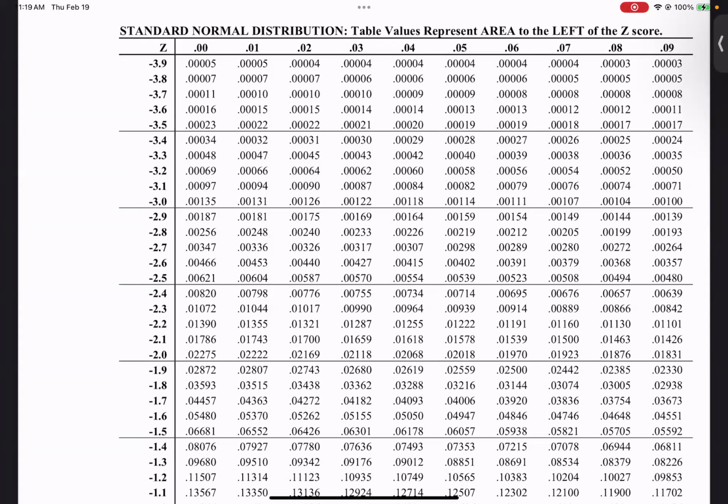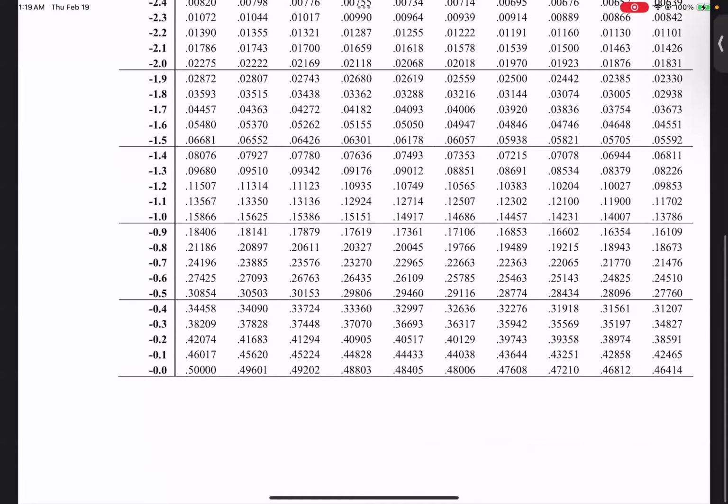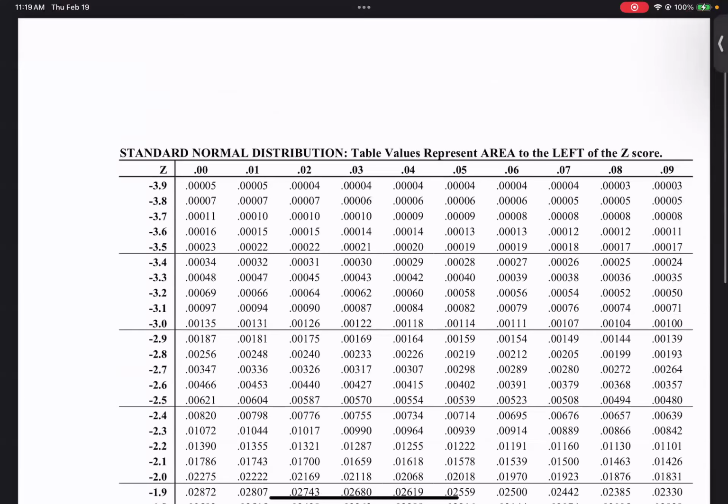We know we want the area from the 0 point up to 0.33. So that means we go from the bottom, from the rows, we have the -0.3, and also we look for a column for the 0.03.